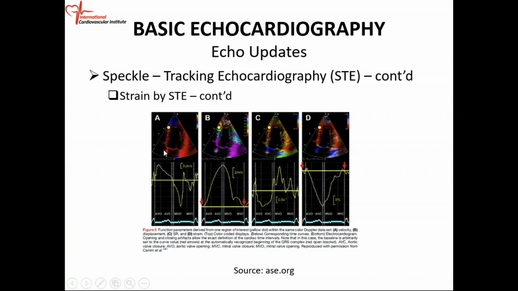Okay, so this is your velocity curve. This is your displacement curve, and then this is your strain curve, and this is the strain rate curve. But the one you need to really know is the strain curve.